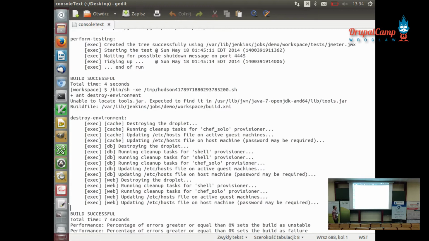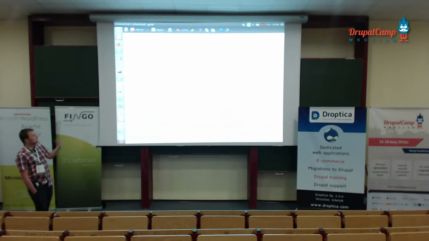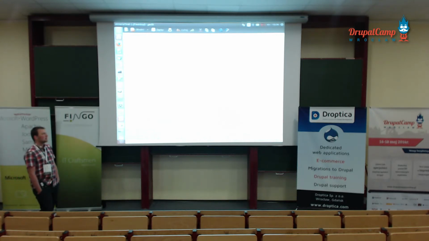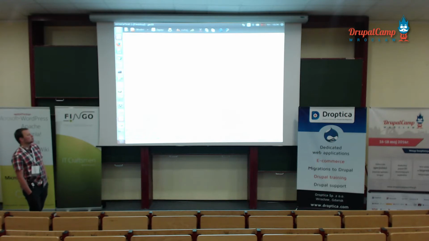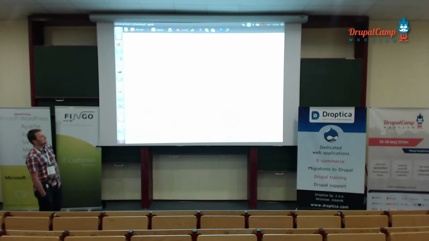In general, it works in this way: we create the environment before the test, we execute the test, and after that we clean up our environment. And we pay only for the time of testing. So it's much, much cheaper than the usual scenario where you have a flock of servers and you pay for all of them for a full month.